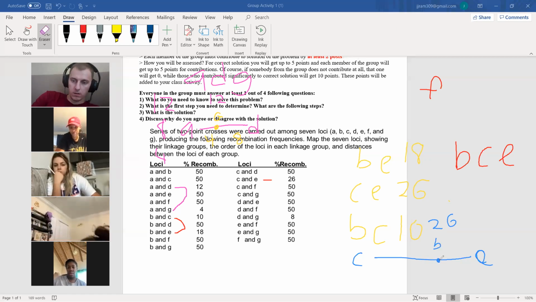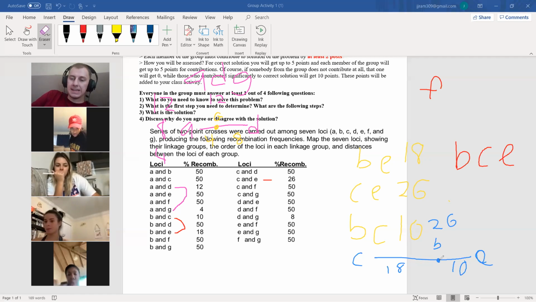So that's B right there. C to B is 18 units, and B to E is 10. So we have 18 and 10 for a total chromosome length of 26.